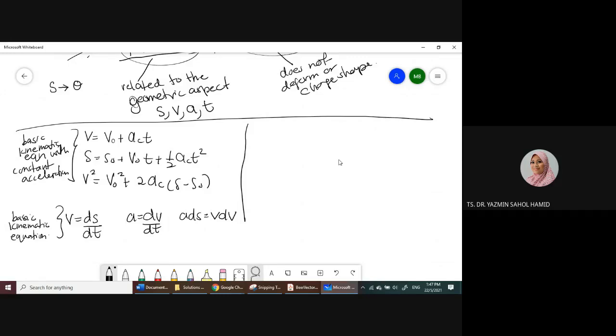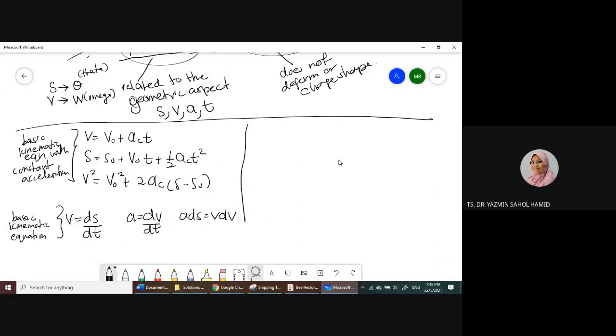Position has to change to theta. What else do you think? Velocity, we have to change to omega. Okay, let me write this. This is theta. This is what you call omega. Velocity becomes, the symbol becomes omega.